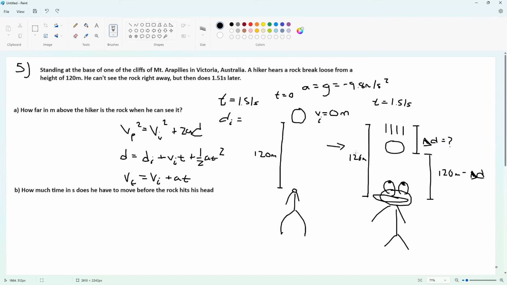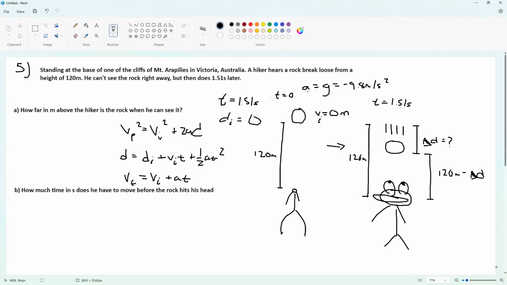Why didn't we use this distance? As I said, it doesn't make sense in context of this problem. Well, it might, but I'm gonna just say it doesn't. Okay, so 0 meters.